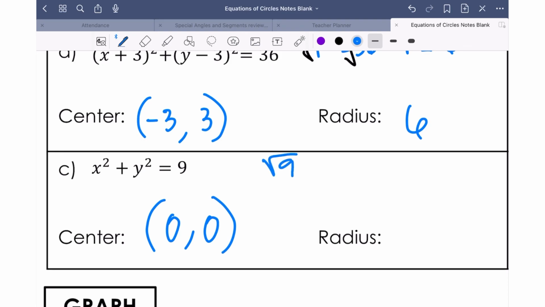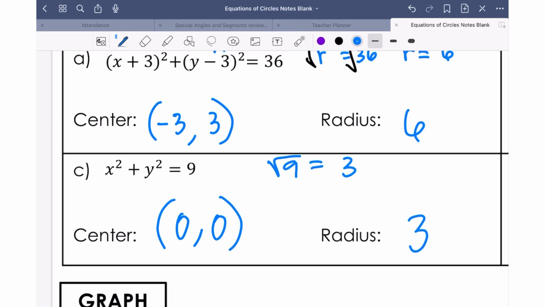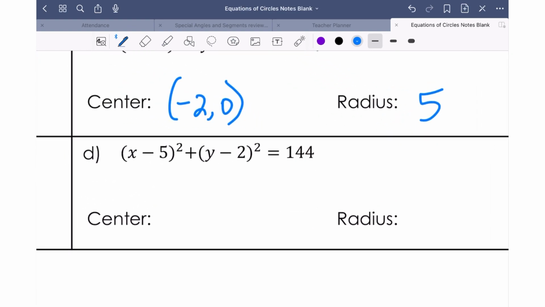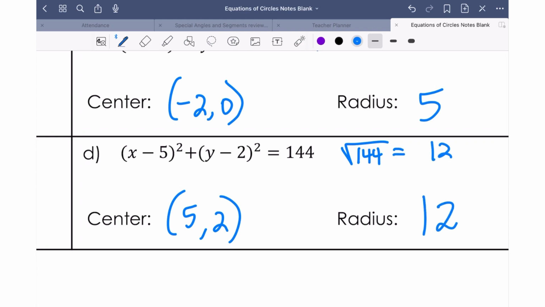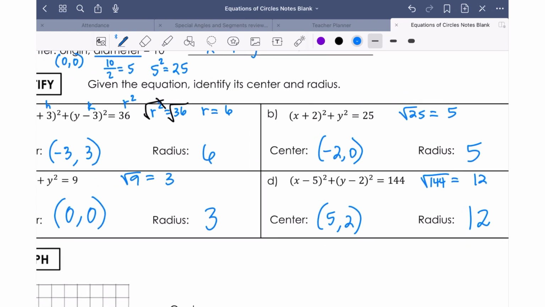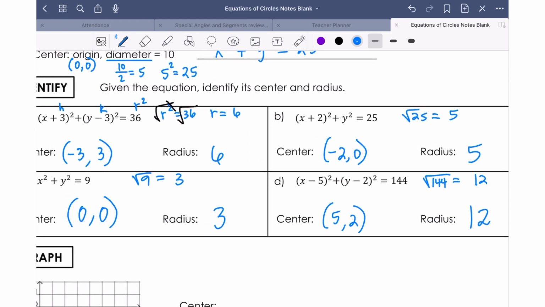Square root of 9, 3. So your radius is 3. 5, 2. Square root of 144 is 12. Okay. So that is us identifying radius and the center using the equation that was already given to us. So again, those vocabulary words, center and radius, are very important now that we are writing the equation.